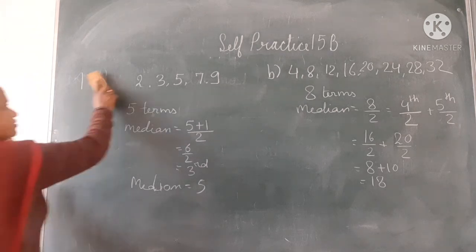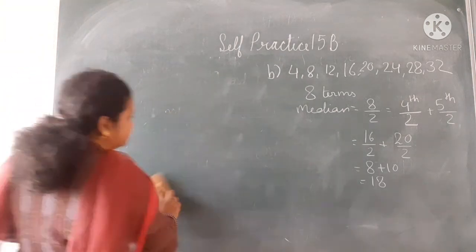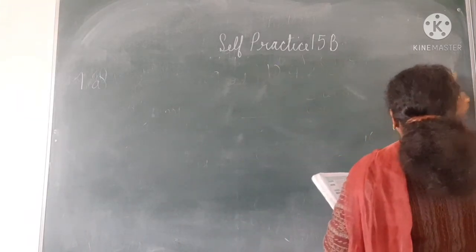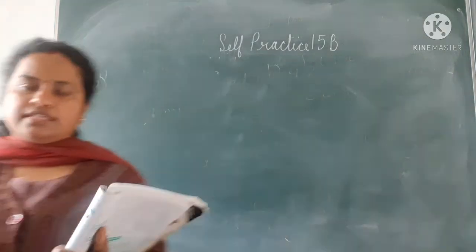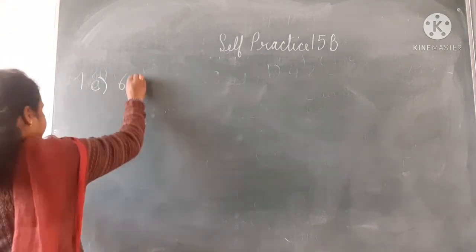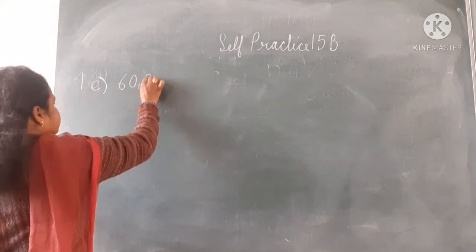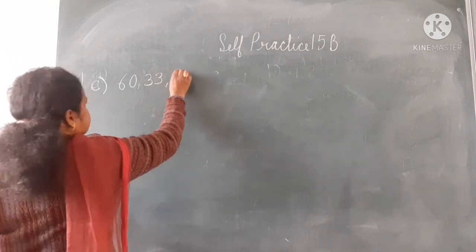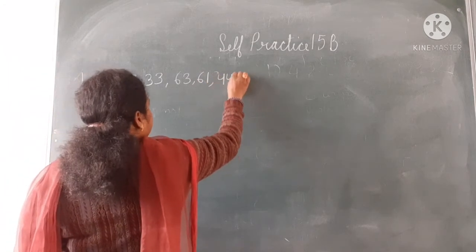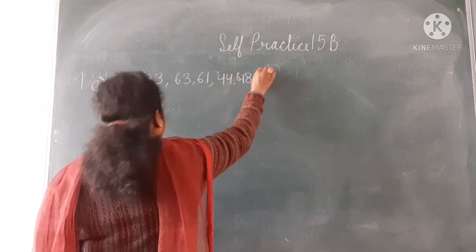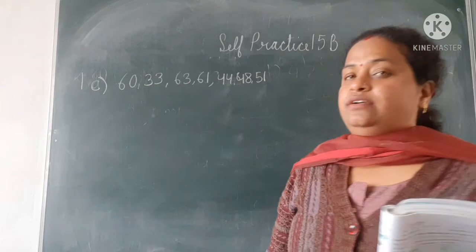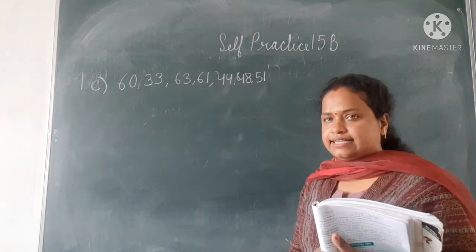Now see part C: 60, 33, 63, 61, 44, 48, 51. These are not in ascending or descending order, so first arrange them in ascending order.